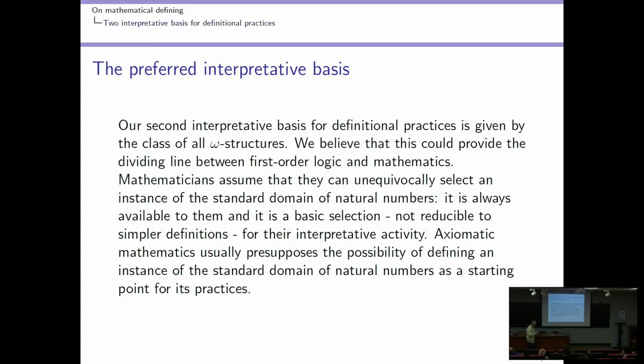So we have Tarskian semantics, everything just as usual, first order language, but expanded with some symbols for the standard natural numbers. And the only difference is that we have now only the omega structures as the admissible ones.